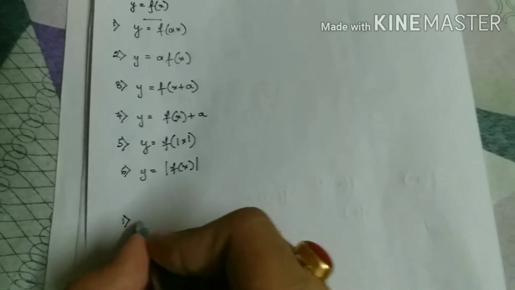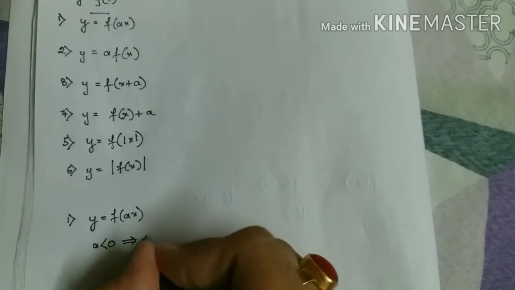Y is equal to f(ax). Just remember the conditions. If a is lesser than 0, that means the graph will flip left right. I will also show you with diagrams.